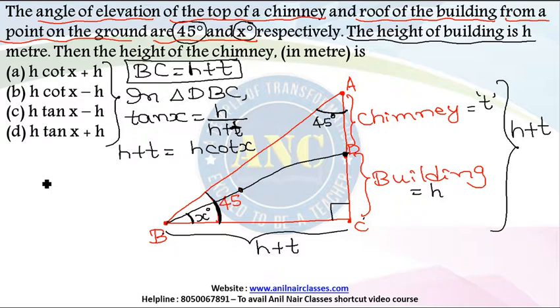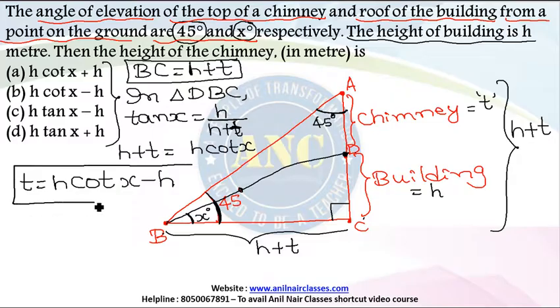So I can simplify further: t is nothing but h cot x minus h. This should be the answer, because the question is to find the height of the chimney, which I called t, and that is what I got. h cot x minus h is present as the second answer option, so mark it. That should be the correct answer.